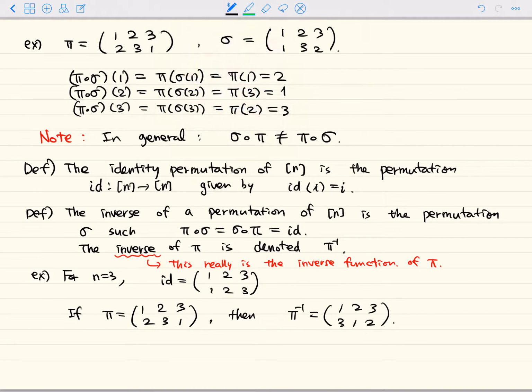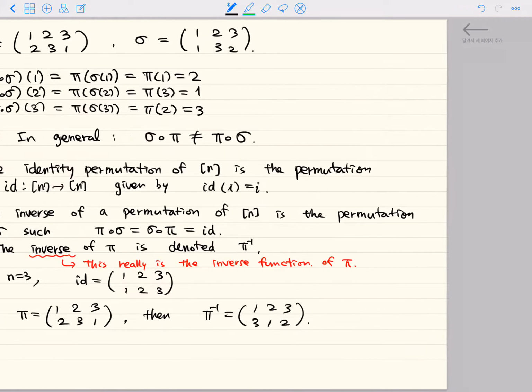All right. Now the title of this lecture was permutation group, so we need to define what they are.